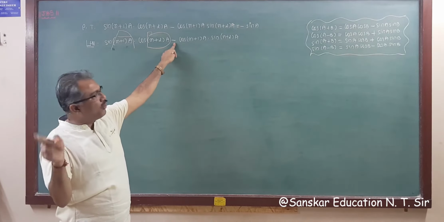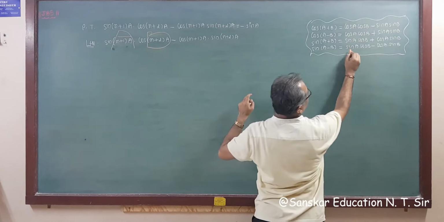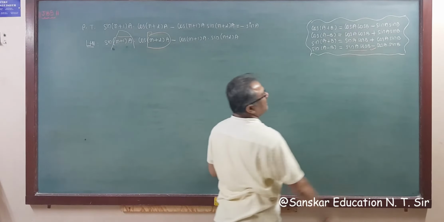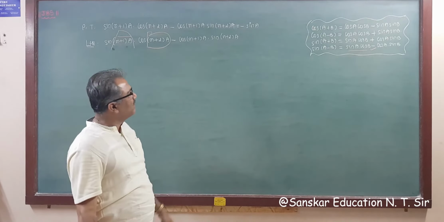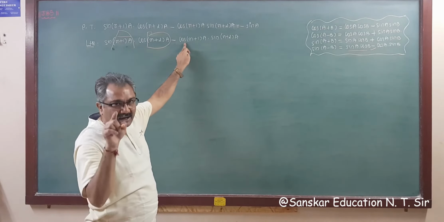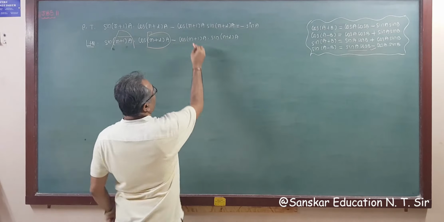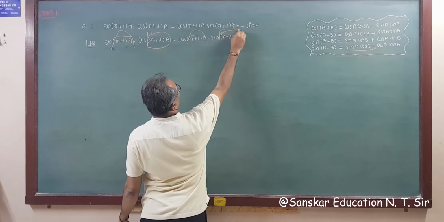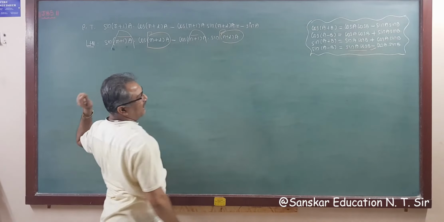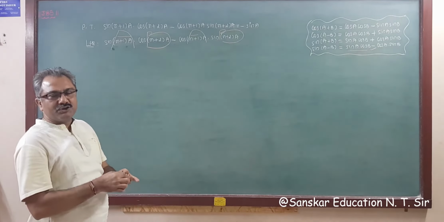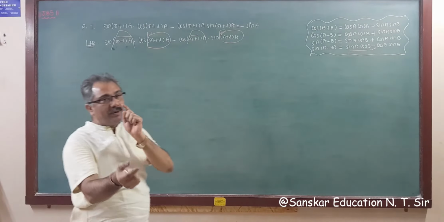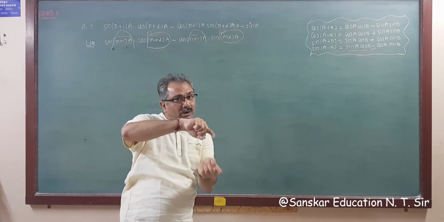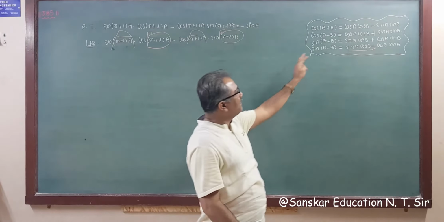So sin a cos b and minus means the last formula is applicable here. Now check, is there cos a plus b? So this is cos a and this is sin b. So see here, right? So this formula is applicable. So which formula is applicable? We have to remember from both sides, not only from cos a plus b or sin a plus b, sin a minus b.